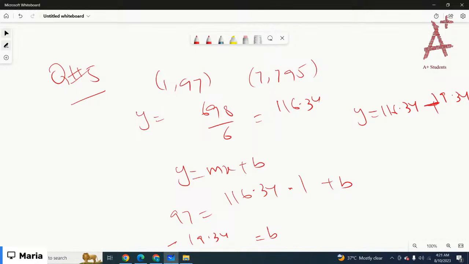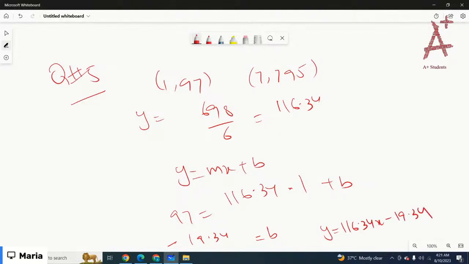Okay, hold on, let me write down the equation again. Okay, the equation is y equals 116.34x minus 19.34, right?